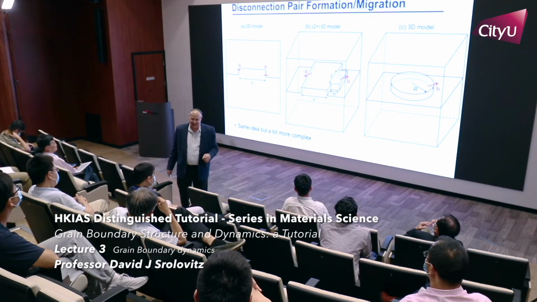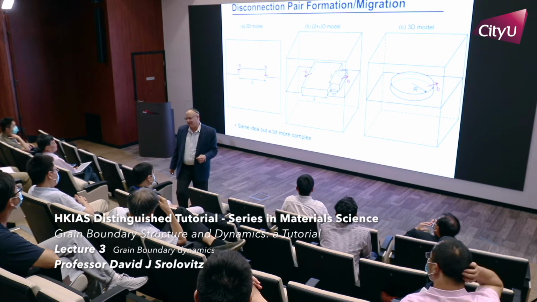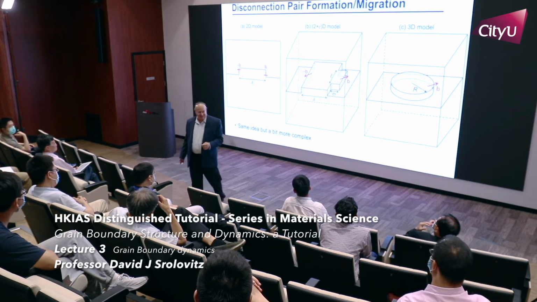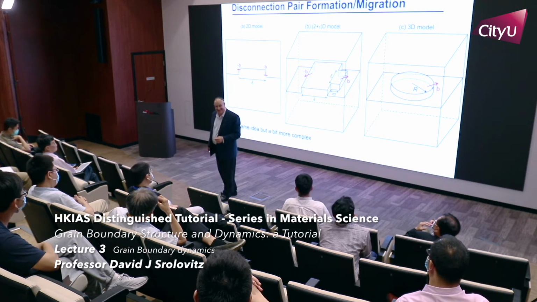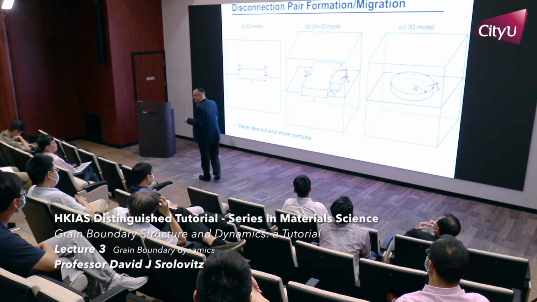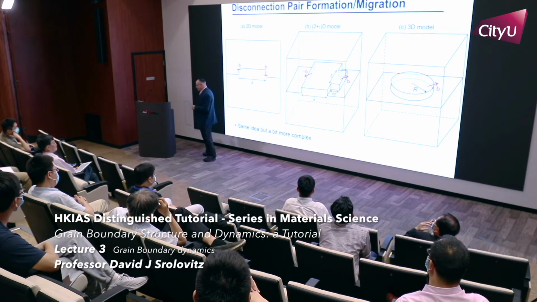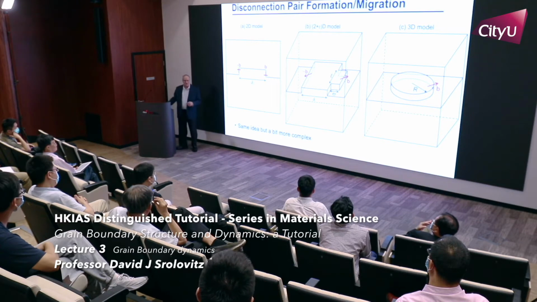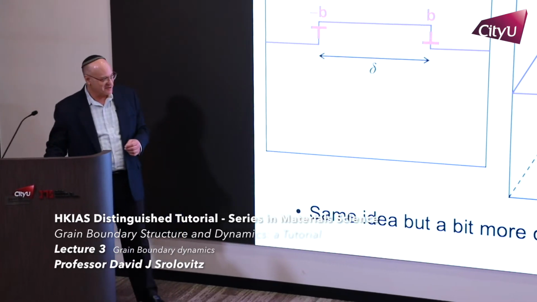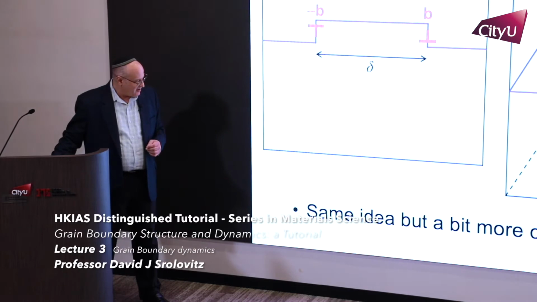You can be as sophisticated as you want. I don't really do that here, partly because it just makes it complicated, and I'm trying to get the ideas across. If you're interested, you can look at our review paper on the subject.